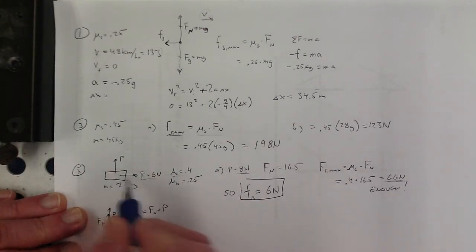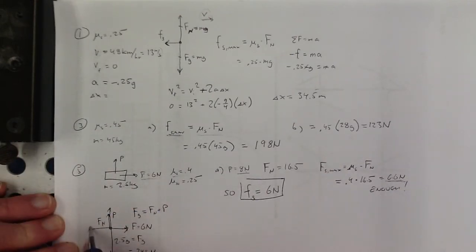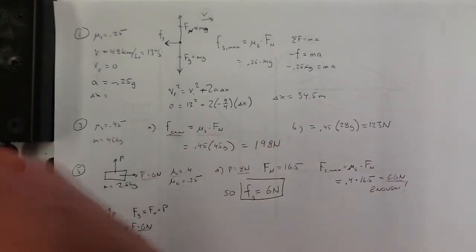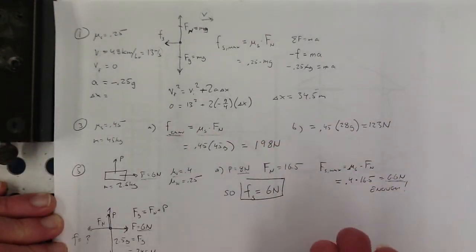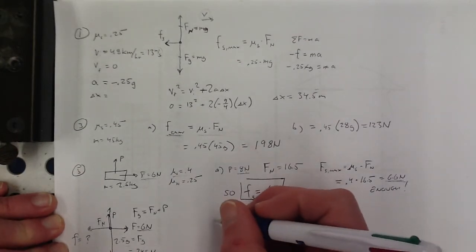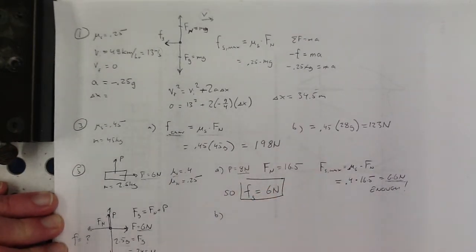How much is there actually going to be? Well, there's going to be as much as is necessary to keep it balanced. There can't be more friction than there is this pulling force. Then this person would pull, friction would win, and it would start accelerating backwards. That is just not ever going to happen, not in this universe or any other one.